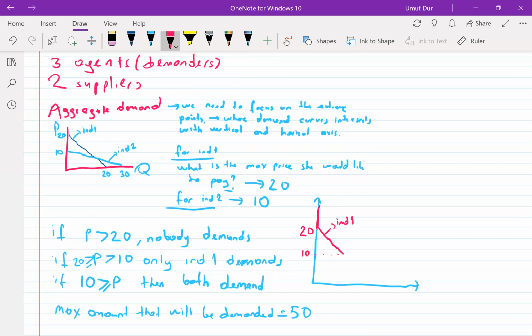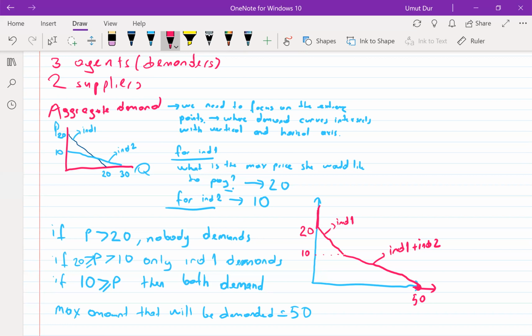When price is 10, we are adding up both demand curves. For every given price, the aggregate demand will be the summation of their individual demands, which means that we will have a flatter curve. We know exactly at which point that demand will intersect with the horizontal axis, and that point is 50. So this part is individual 1 plus individual 2.